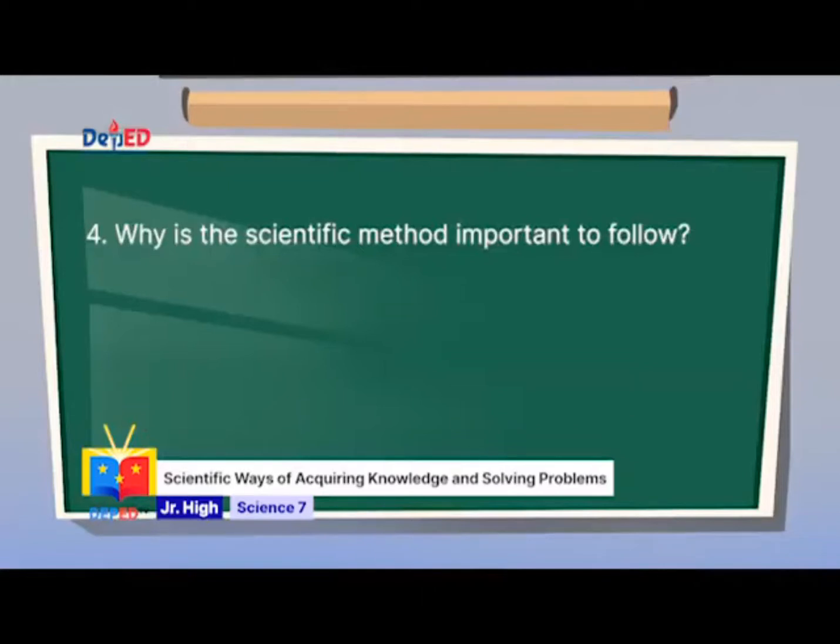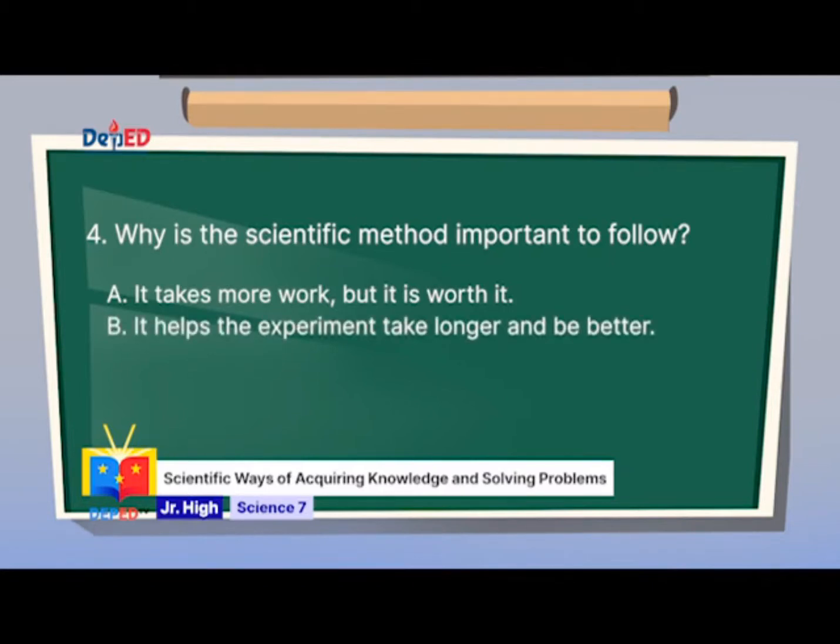Why is the scientific method an important process in doing experiments? A. It takes more work, but it is worth it. B. It helps the experiment to take longer and be better. C. It ensures that results can be trusted and repeated.